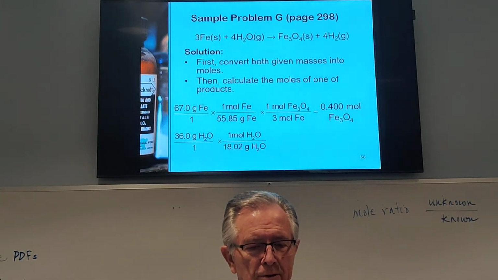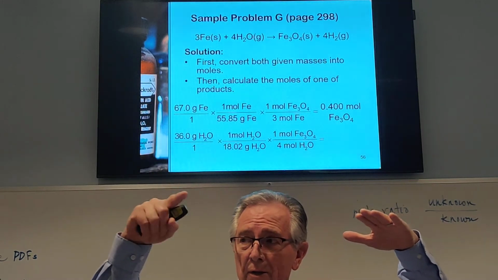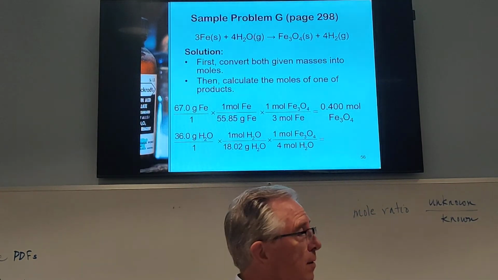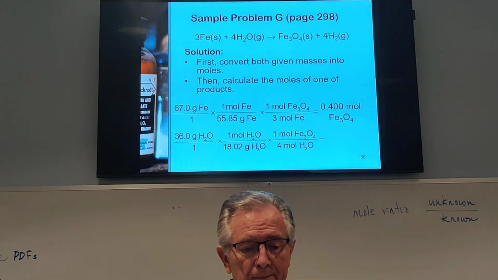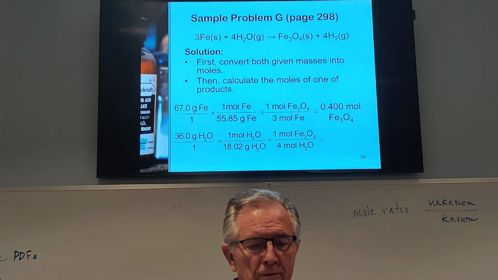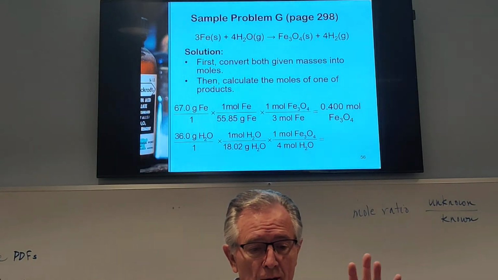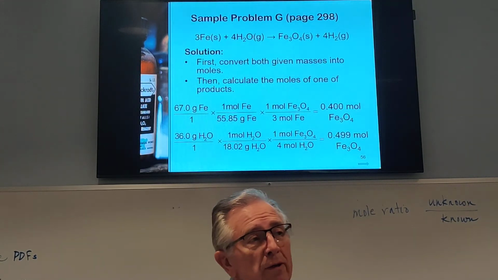Then we'll have the mole ratio of Fe3O4, because that's my unknown I'm going for, divided by the moles of H2O from the balanced equation, which is 1 over 4. So I'll end up with 0.499 moles of that.